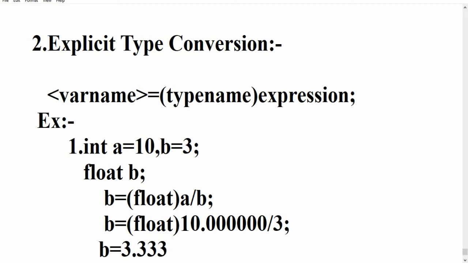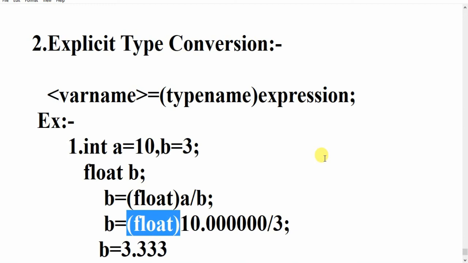Generally, if you are not using this conversion, 10 divided by 3, if you divide integer with integer, you will get an integer result. 10 divided by 3 gives you 3. If you store that 3 value into the b variable, which is a float variable, you will get the output 3.0000 like that.